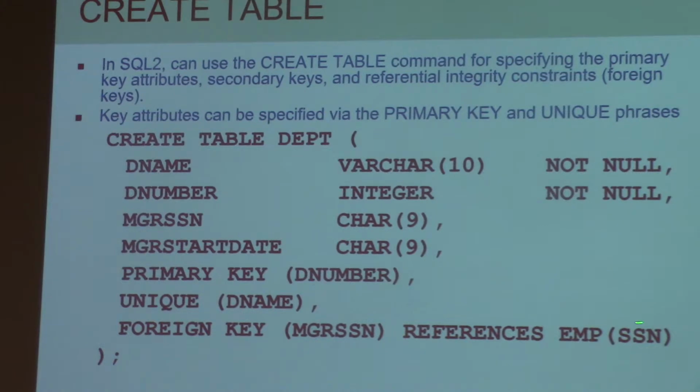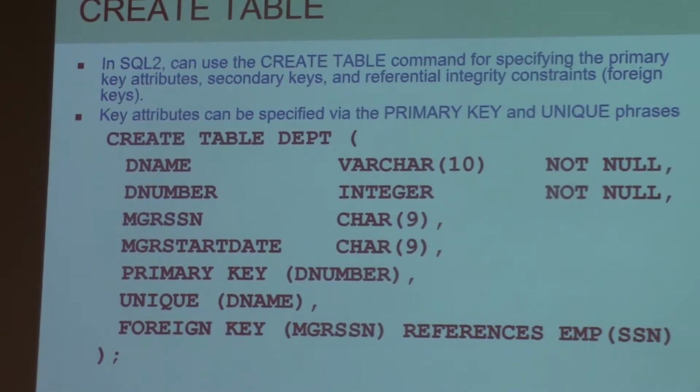Which means all manager social security numbers should be in SSN. So SSN should be unique and non-null. Non-null is not a big deal, but at least it should be unique. Then you can find it. Okay, if you run this one, is it an error or okay? Any syntax error? No syntax error, but if you run this one, it will be an error. Why? You should have the employee table with the social security number first. Okay?